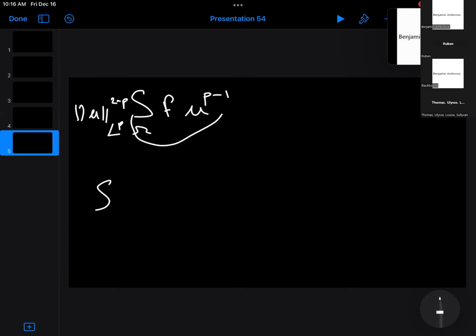Here I have that the integral of F U^(P minus 1) is less than, at the end of the day, I want the norm in LP. So let's do that.